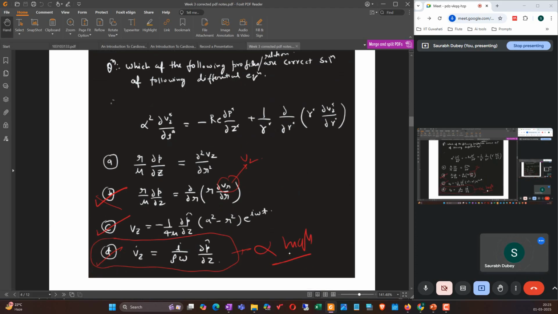Another question was: which is the correct solution for the following differential equation, right? So all the questions that have been taken and discussed during the weekly discussion sessions, I hope you have learned many things out of that.